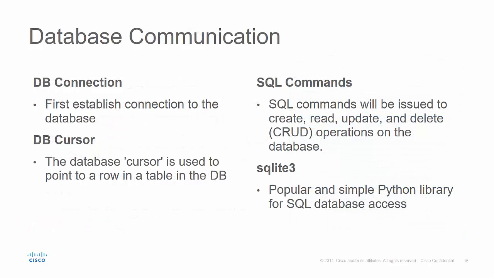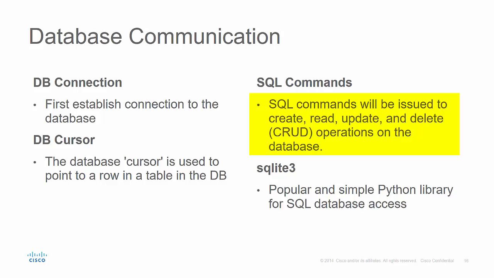How do you communicate with your database? Well, the first thing that you need to do is establish a connection to the database. Once you have connected with the database file, you can then get a cursor to the file, which will allow you to do things such as create tables and write entries into tables. You will need to perform SQL commands in an SQL database.